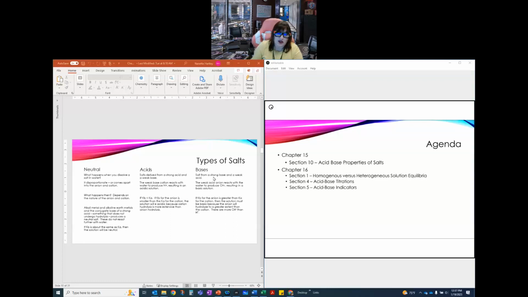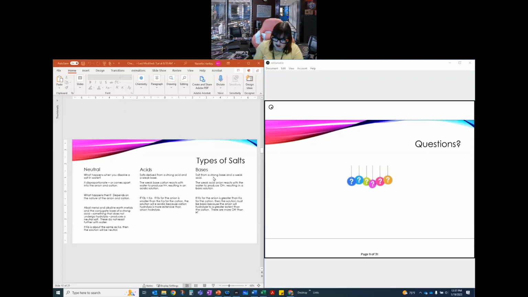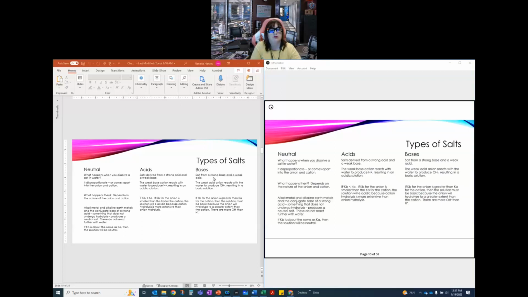The first thing we want to talk about are the types of salts that we need to be worried about. When I have a salt and I dissolve it, it's usually a metal and an anion that goes into solution. So it's an ionic compound, almost always made from a metal and an anion of some sort.